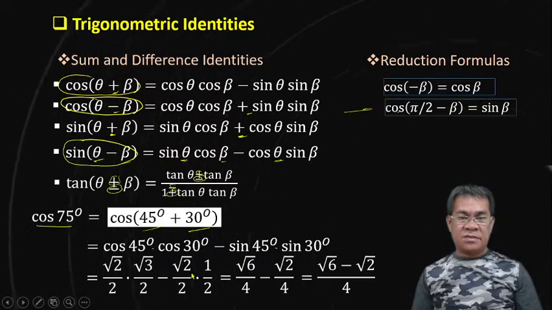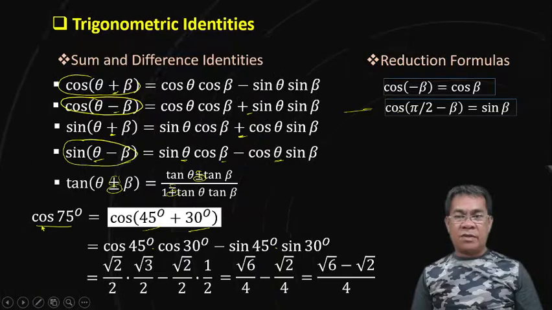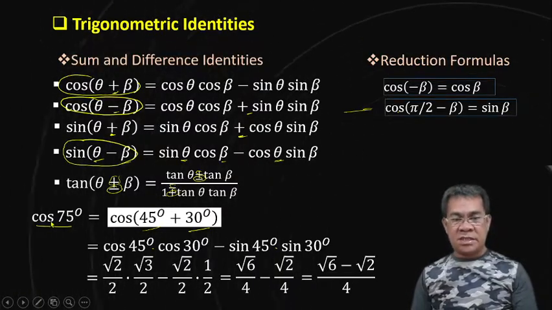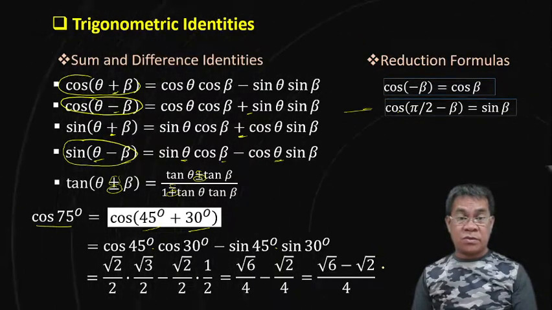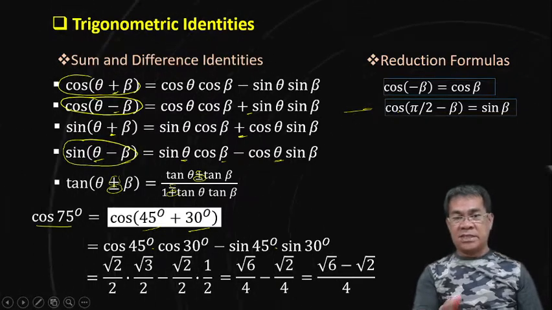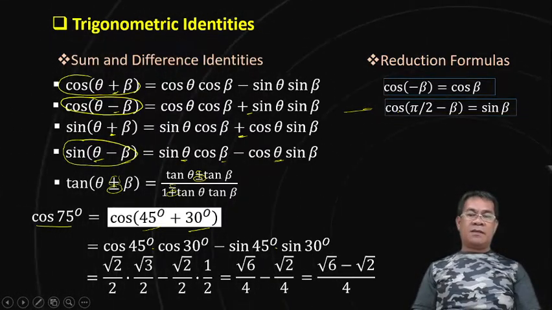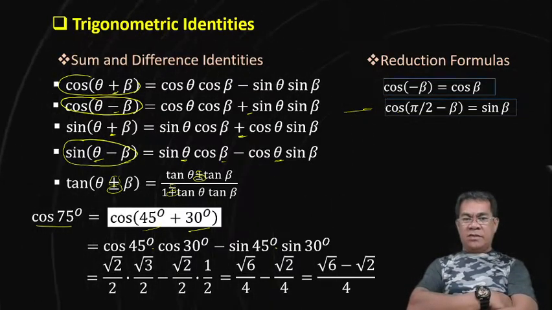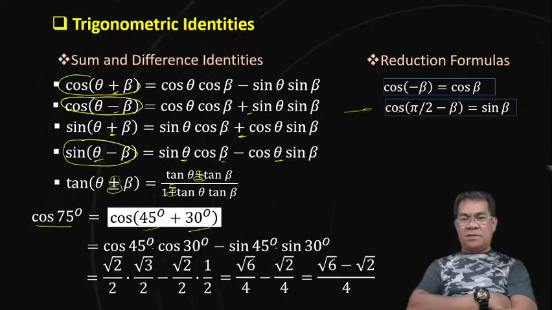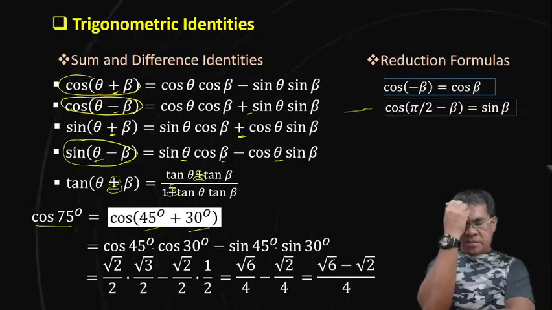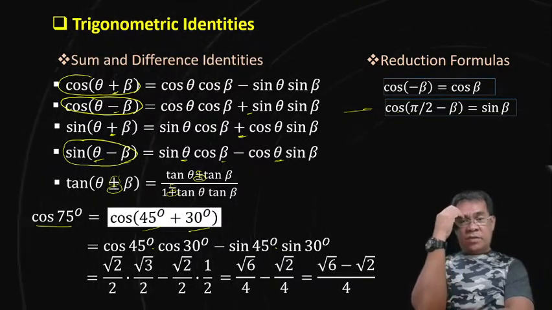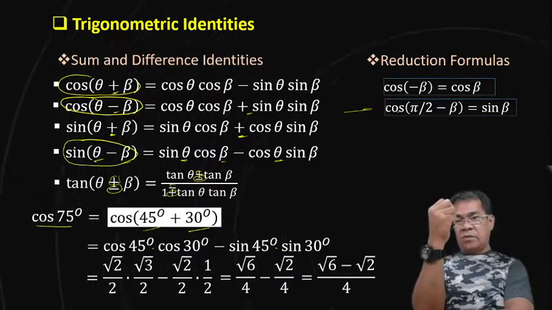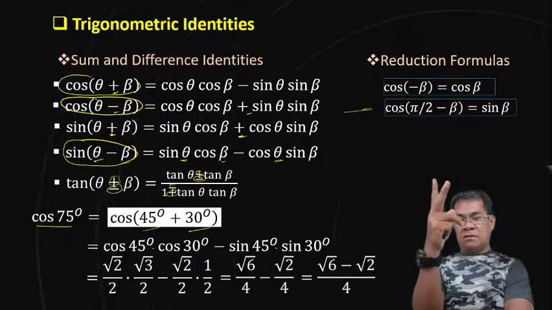With the same denominator, the exact value of the cosine of 75 degrees is equal to square root of 6 minus square root of 2, divided by 4. This is the answer. So you can notice that we can find the exact value even if it is not a special angle, because we grab the opportunity to break it into special angles.